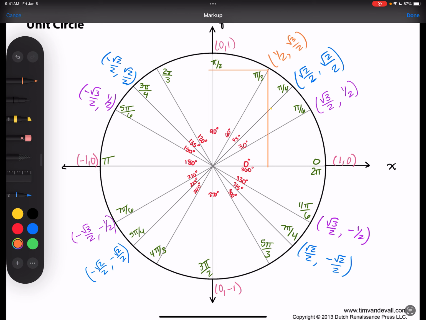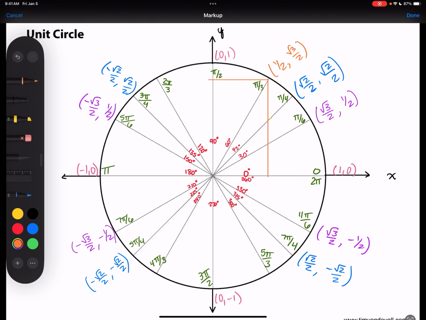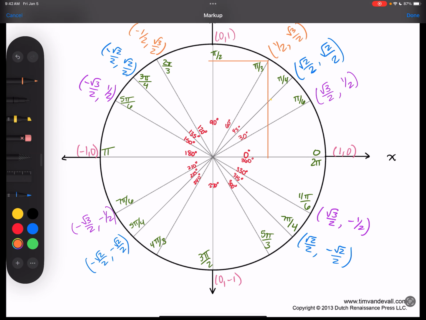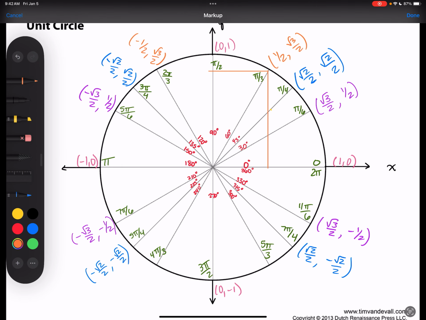So over here, we've got negative 1/2, root 3 over 2. 4 pi over 3, we've got both negatives, so negative 1/2, negative root 3 over 2. And at 5 pi over 3, we've got positive 1/2 and negative root 3 over 2.